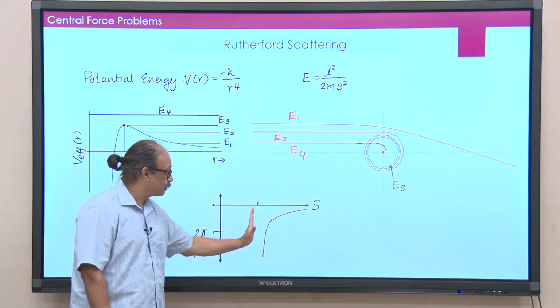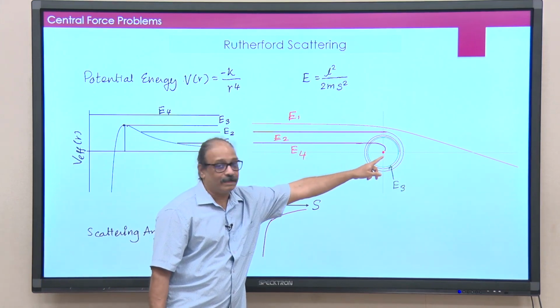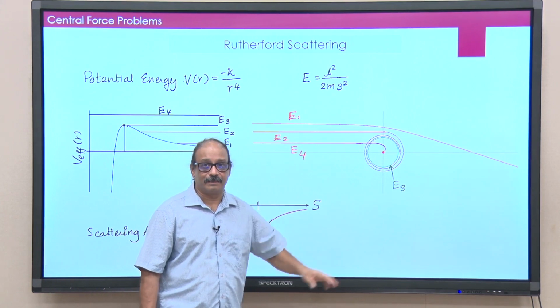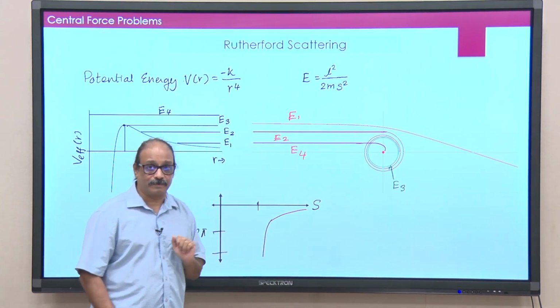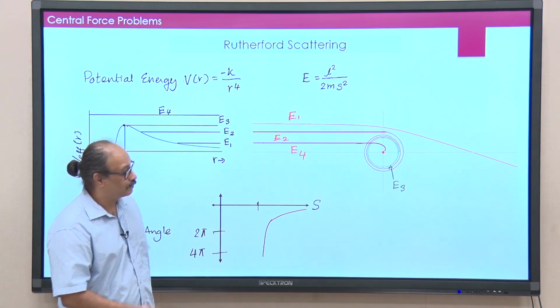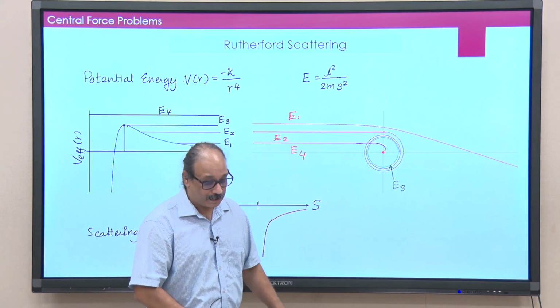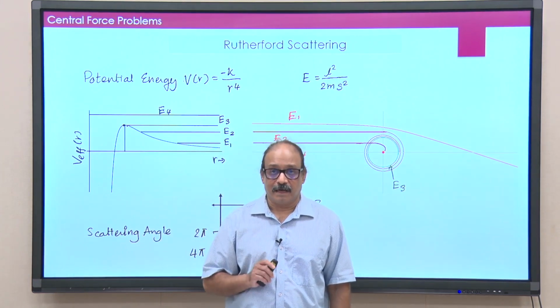Beyond this, there is no scattering, because after that the particles go and crash into the target there. Okay. So, that is why I have not considered this side of the possibility there. Okay. So, this is what happens in inverse power law, where power is larger than 2.